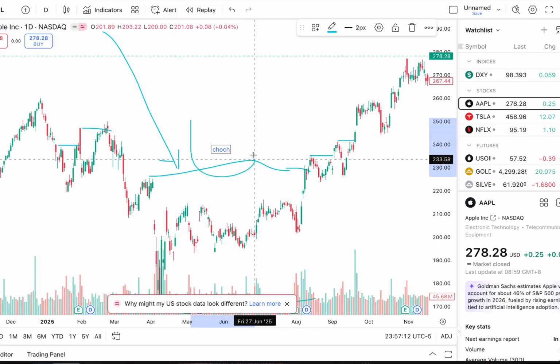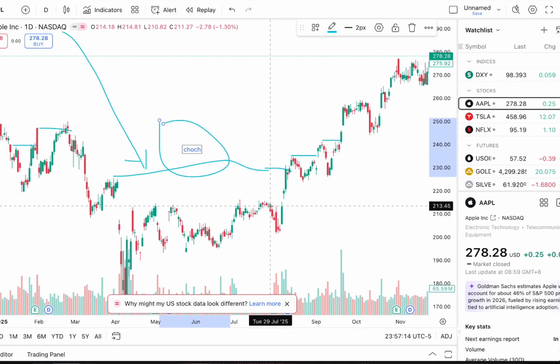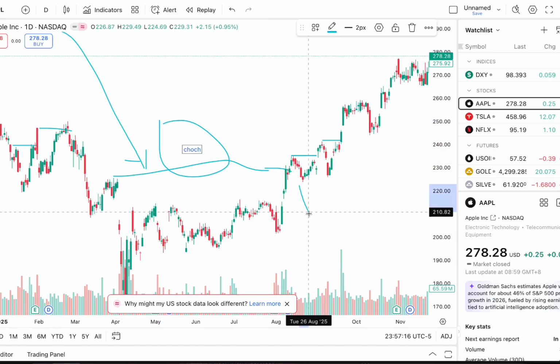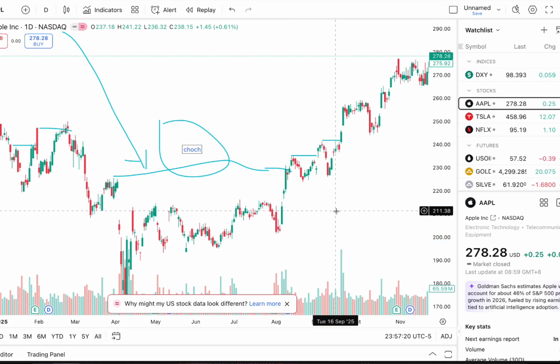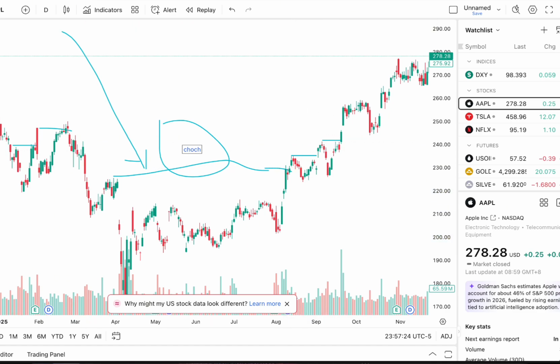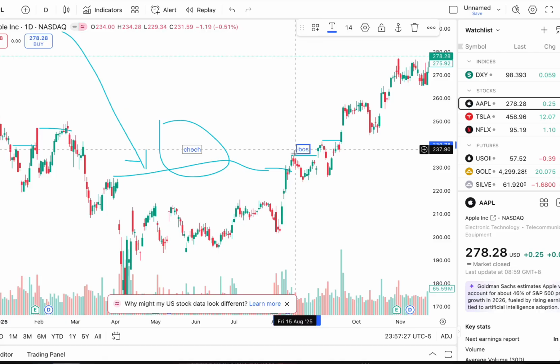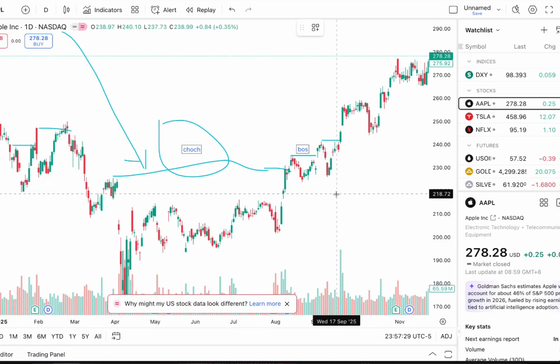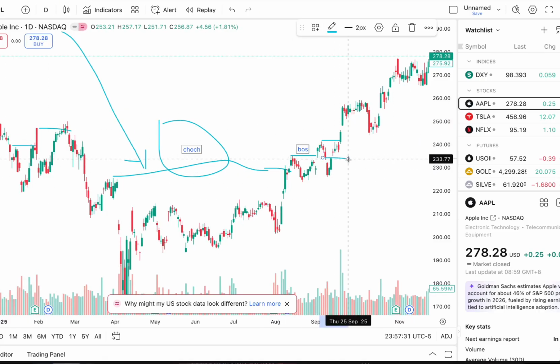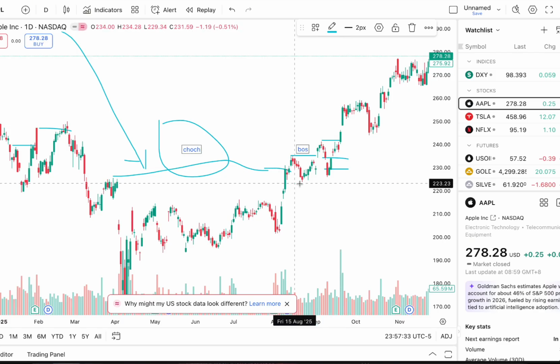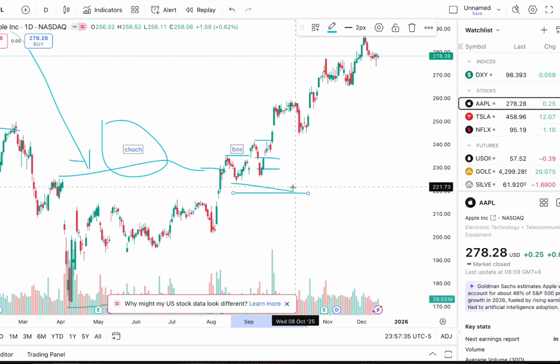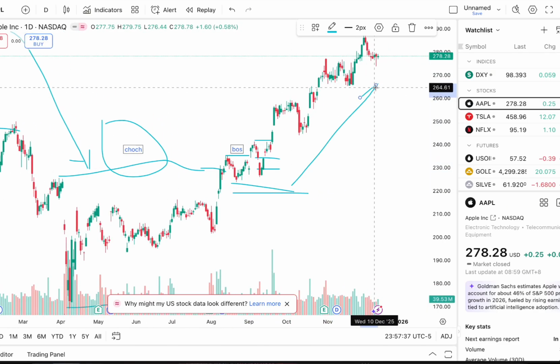So let's say you saw this CHoCH, you waited because you didn't know if it was going to go further and then start making higher highs, so you observed. But the best entry would have been on this BOS here, and then you saw the retracement. You would have got in here with your stop underneath these lows and then ridden up this upside.